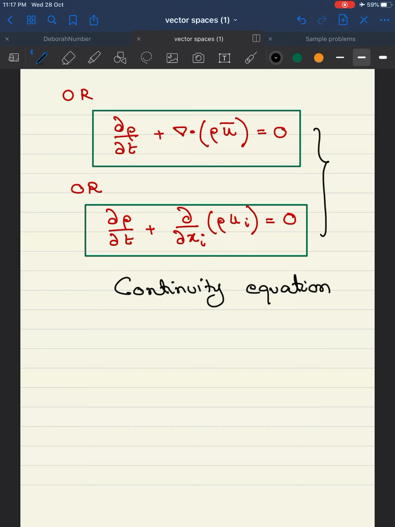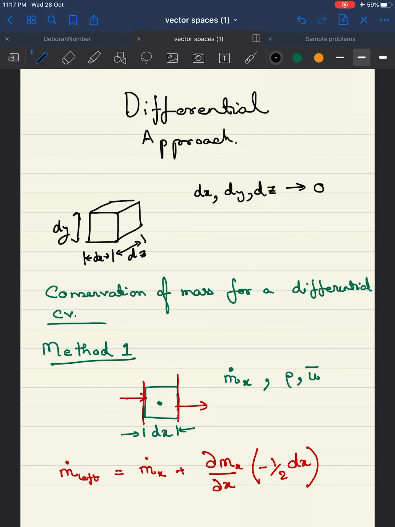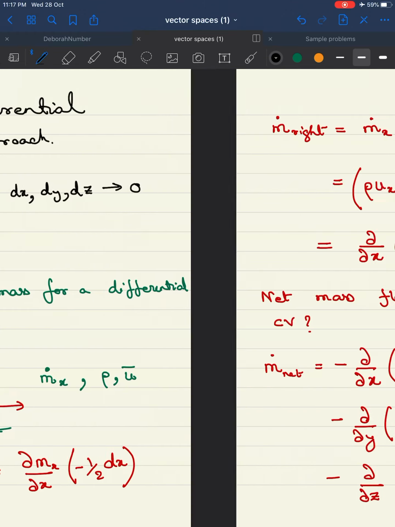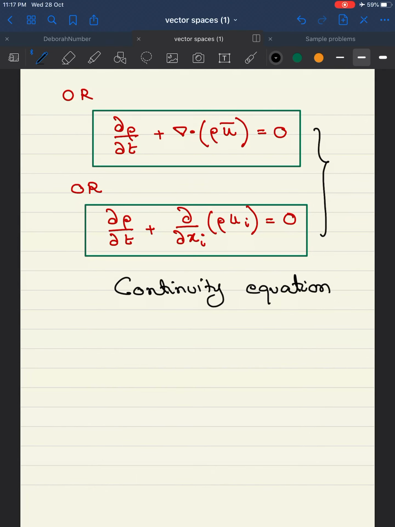Okay, great. So I had said before that this is method 1. So we should look at method 2.